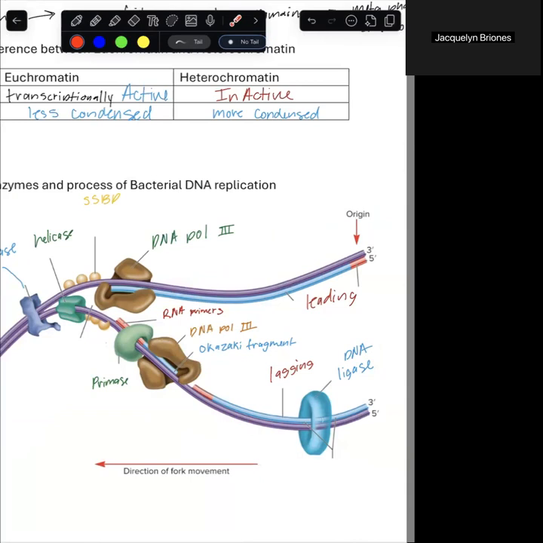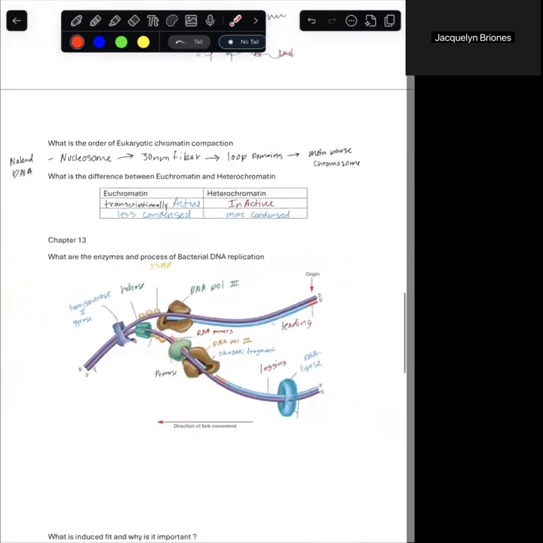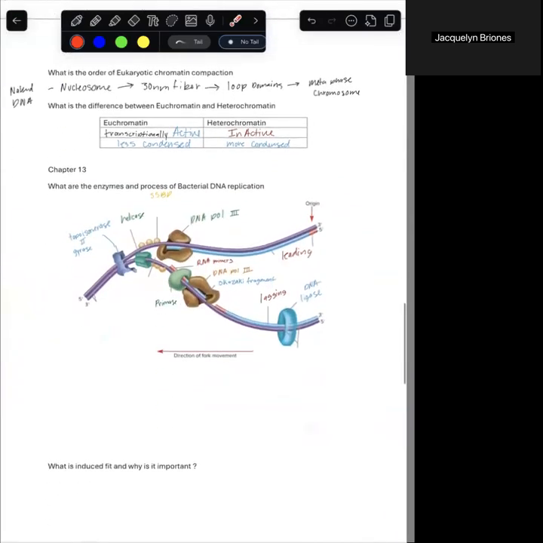I don't think we would be able to replicate even the lagging strand if we didn't have RNA primers, because we need it to be synthesized from 5 to 3 prime, and we can't do that without the primers. Okay.